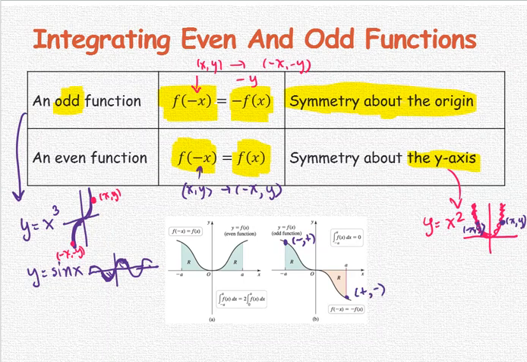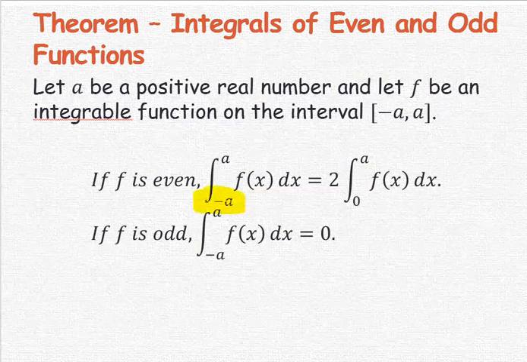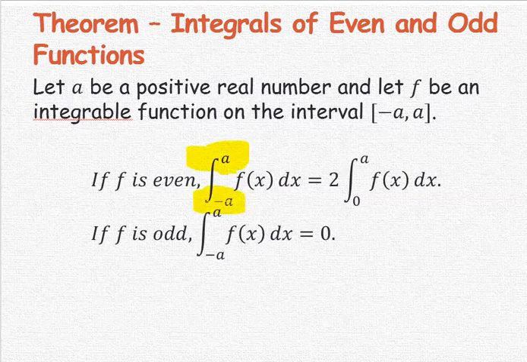If you find the integration to find the area, using this property, as you see, the definite integral from negative a to positive a. Lower limit, upper limit, they are opposite. That means it's away from the zero point by the same quantity to the left and to the right.